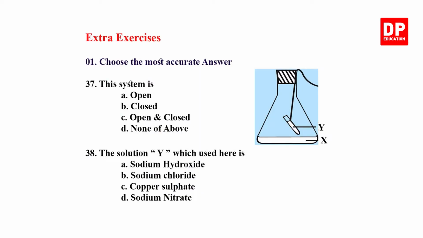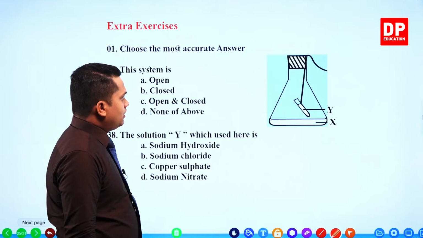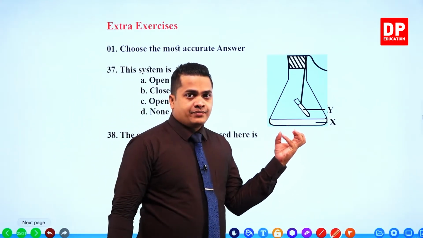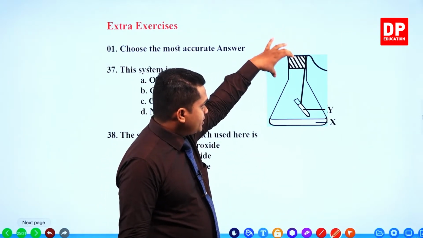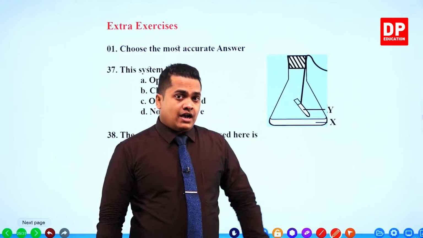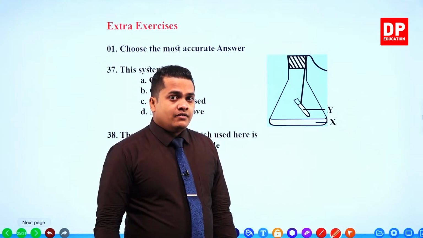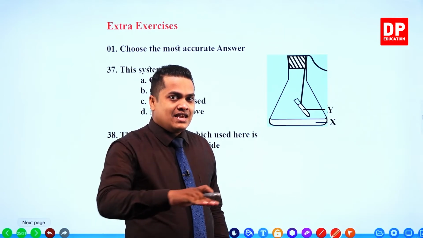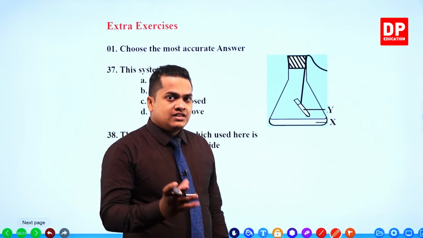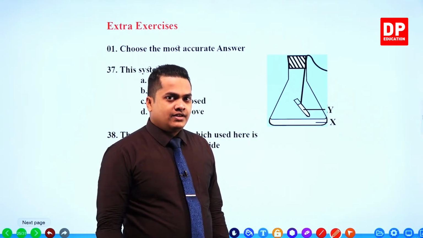Then question number 37. This system is open, closed, open and closed, none of the above. If you take this system, you may remember we plugged the cork into the conical flask, then kept it airtight by pasting a layer of clay or else Vaseline or wax, right?